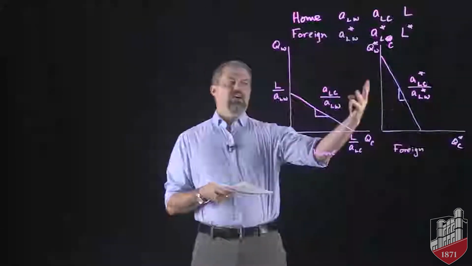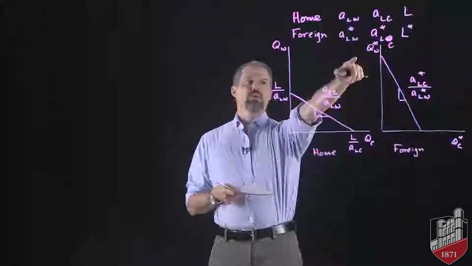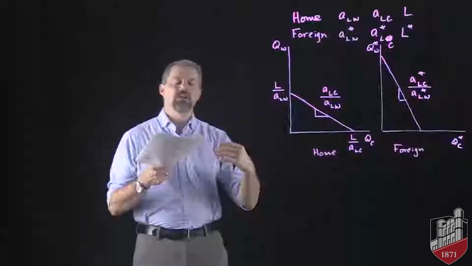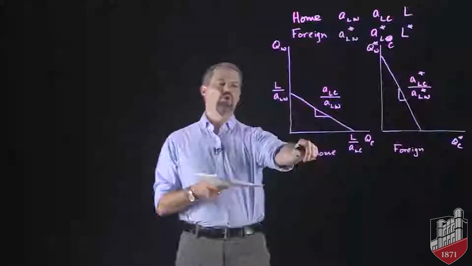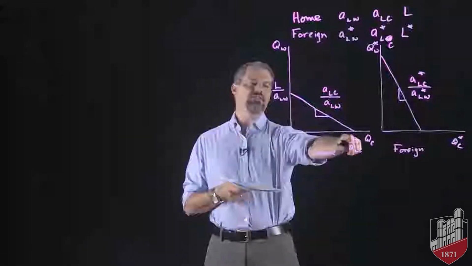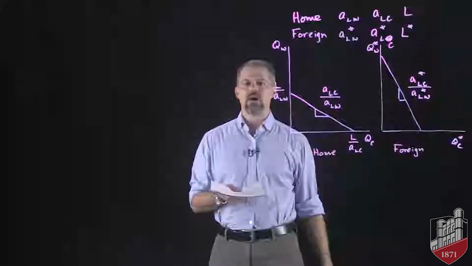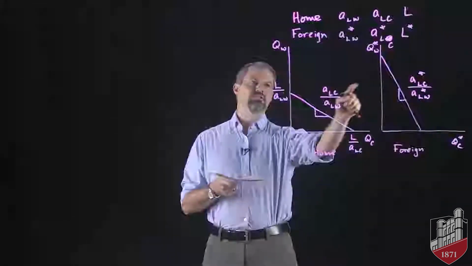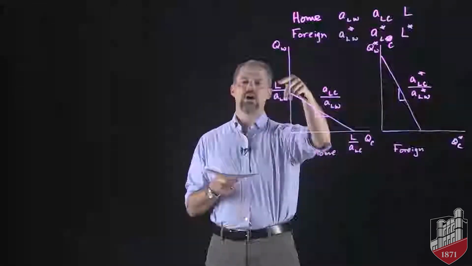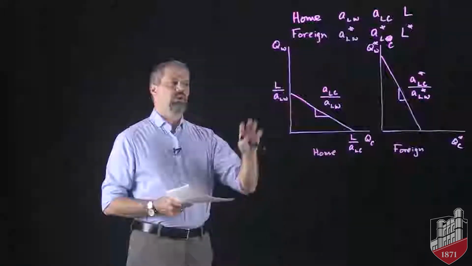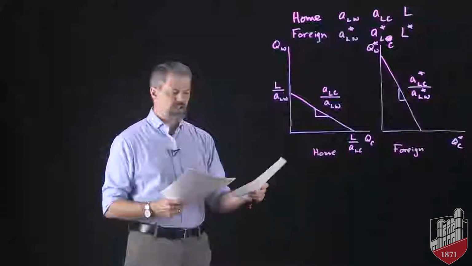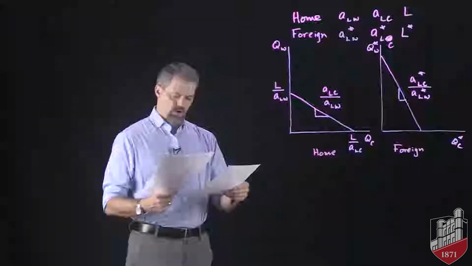The other side of that coin is that foreign has a comparative advantage in wine. So if these countries specialized, then home would specialize in cheese, foreign would specialize in wine, home would export cheese to foreign, foreign would export wine to home. So that's what our production possibilities frontiers look like for home and foreign.